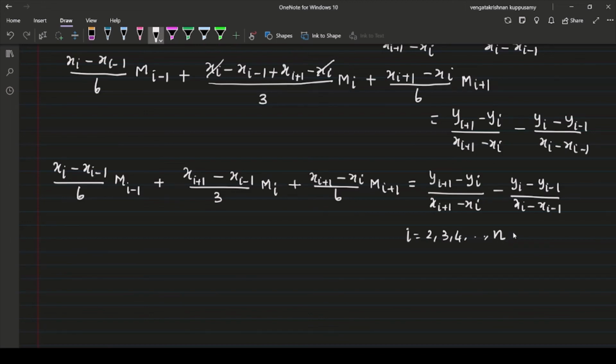Here we can't go up to n because we have the index i+1, so up to n minus 1.